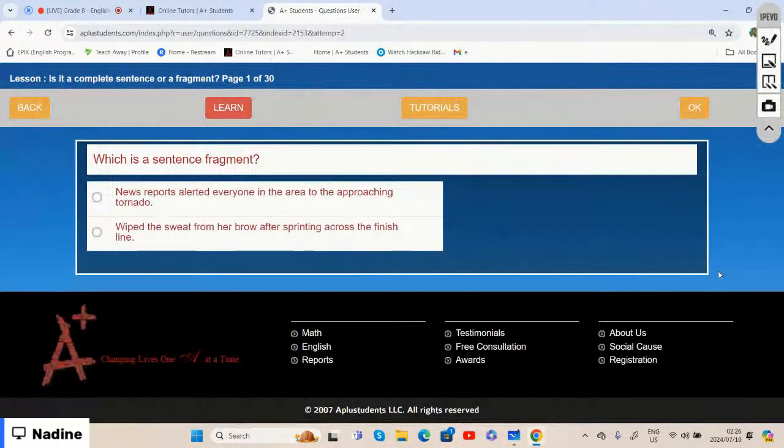All right, the first one says, which is a sentence fragment? Is it option one, news reports alerted everyone in the area to the approaching tornado? Or option two, wiped the sweat from her brow after sprinting across the finish line.